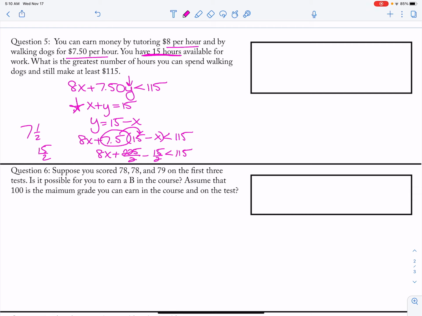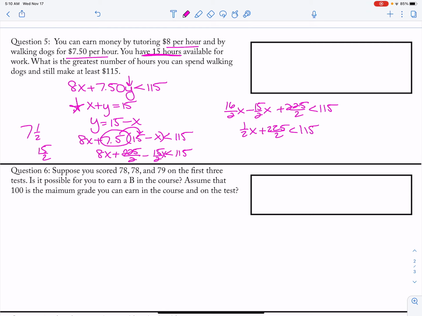Okay, so what that does is that makes it 16 over 2x minus 15 over 2x plus 225 over 2 is less than 115. So that gives me 1/2 x plus 225 over 2 less than 115.